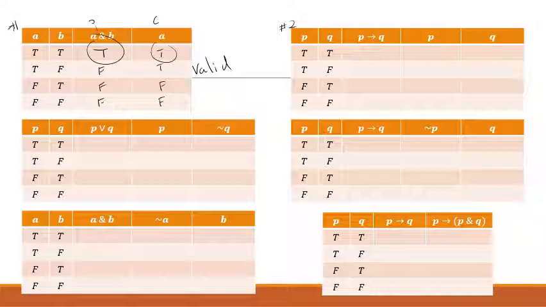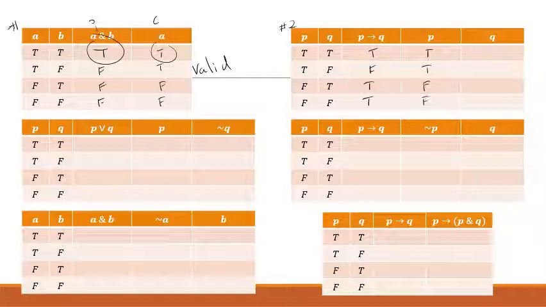So true arrow false. That means it's going to be true here, false here, right? That's the one time you get true arrow false, and true here and here. The second premise is just P, so nothing to calculate there. Just restate the column, and the conclusion is just Q.